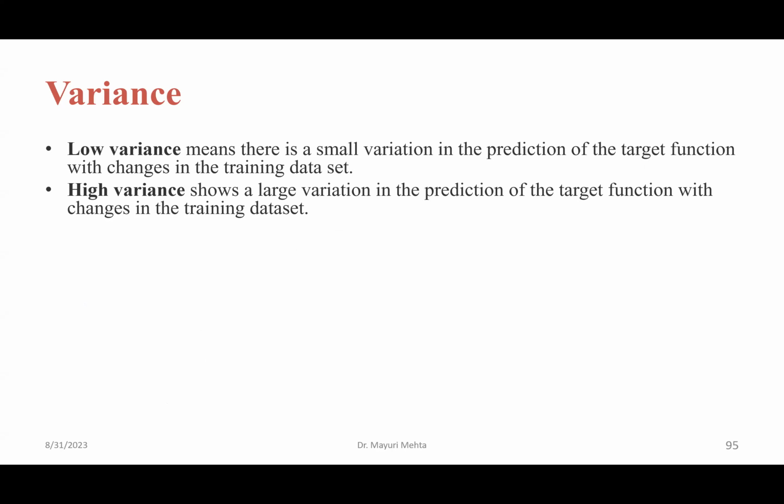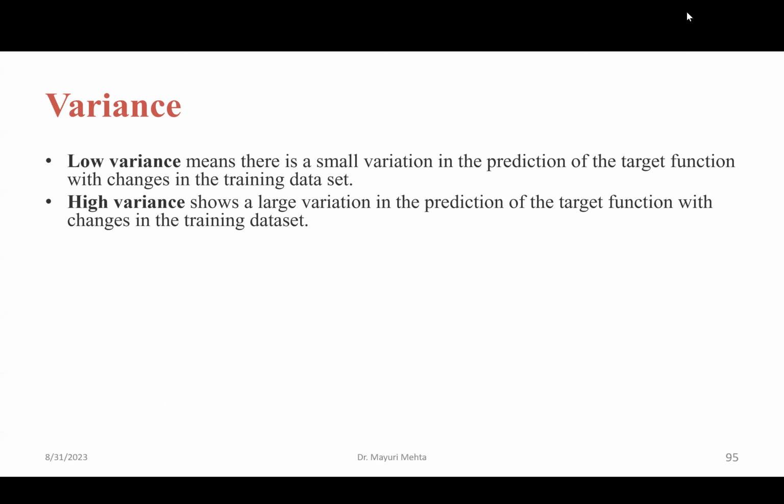Variance, we discuss what exactly the variance is. The variance specifies the amount of variation in the prediction if different training data was used.